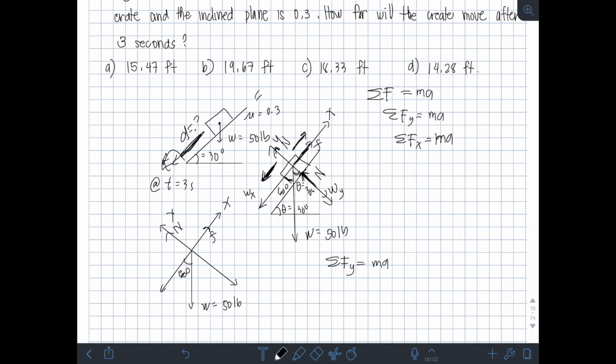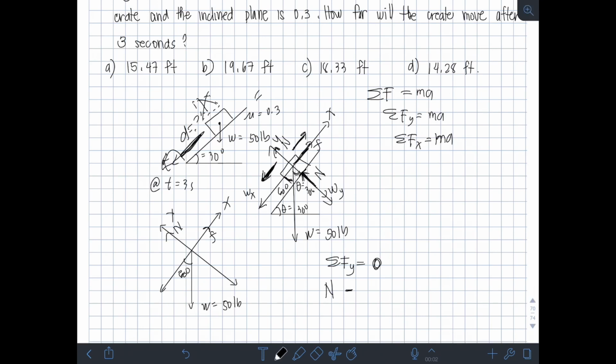So, mapapansin nyo, dito sa y natin, dito sa vertical component ng force natin, wala naman tayong movement, right? Hindi naman mag-move yung crate natin pataas. Stationary siya, right? So, hindi siya nag-move pataas or pababa. So, therefore, yung ma natin dito is 0, or yung acceleration natin is 0. So, pwede natin gawin is summation of force along y equals 0. So, ano na yung mga force? Sa positive force kapag nasa positive y-axis. So, obviously, yung N, right?